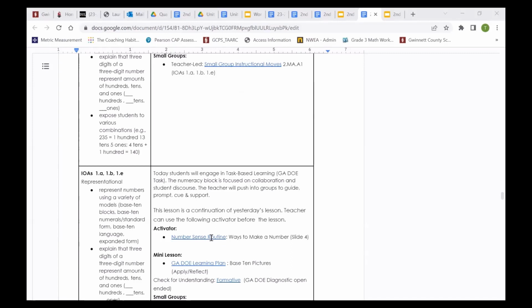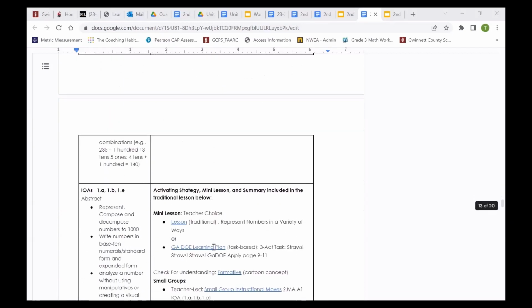Task-based lessons are a great way to invite students into the learning because of the increased chances to collaborate and explore on an inquiry level. On the fifth day of these standards, students will be expected to work on the abstract level in order to analyze numbers and reason about place value without the use of visual models.